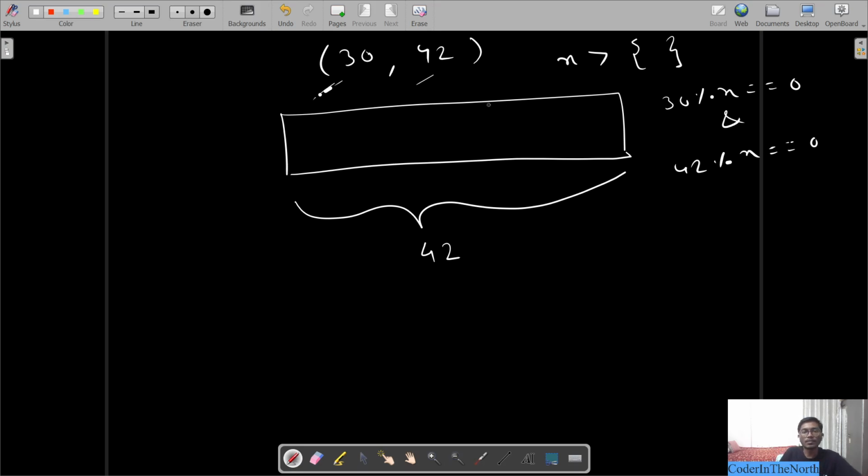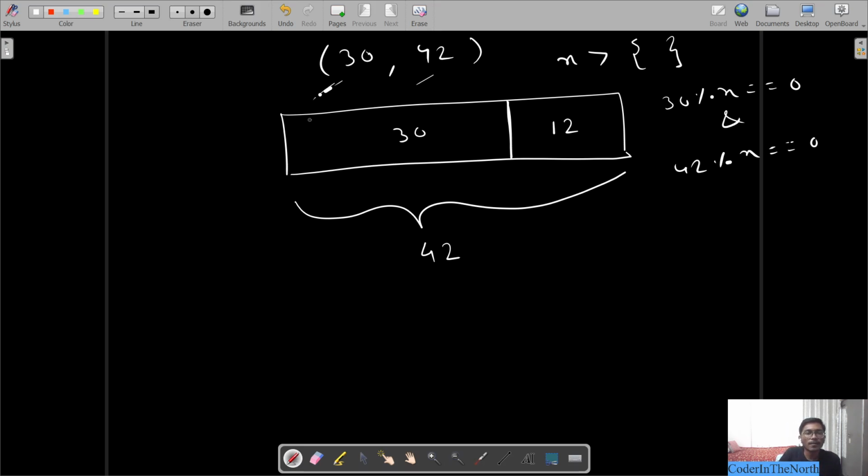What the Euclidean algorithm says, let's consider I am partitioning it this way. I have 30 and what remained here is 12. So hypothetically, I am considering I have such an x.